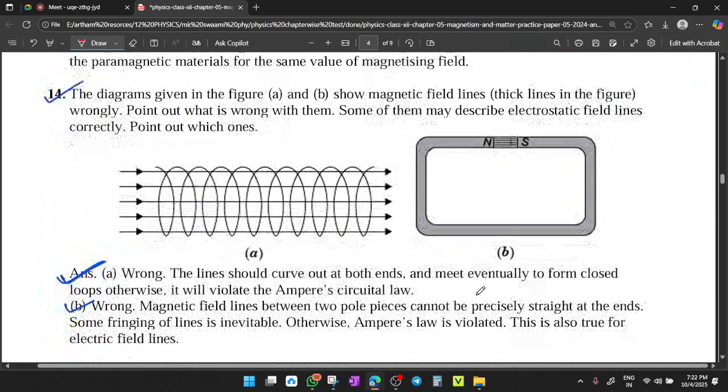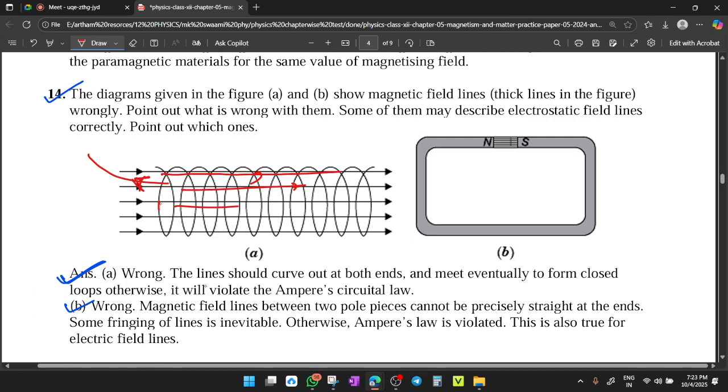Okay, next question. The diagrams in figures A and B show magnetic field lines, but the thick lines in the figure are wrong. Put what is wrong in them. In the first, it is a solenoid, and a solenoid has a uniform magnetic field only inside. Here the solenoid is like this.